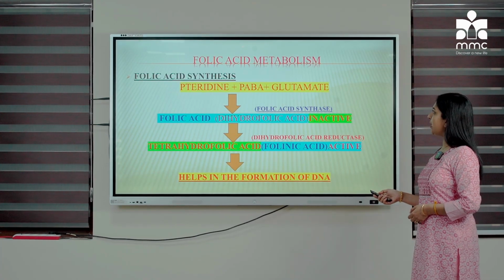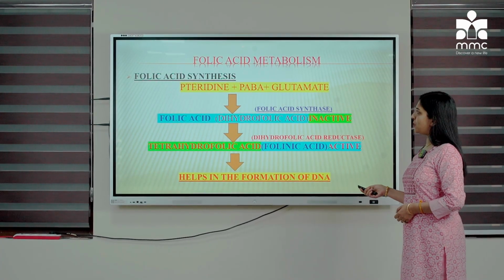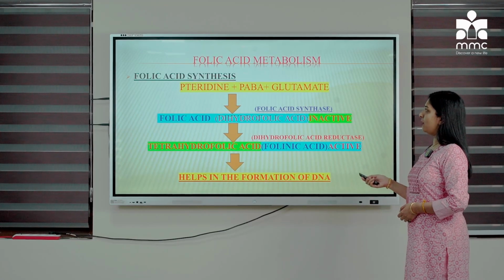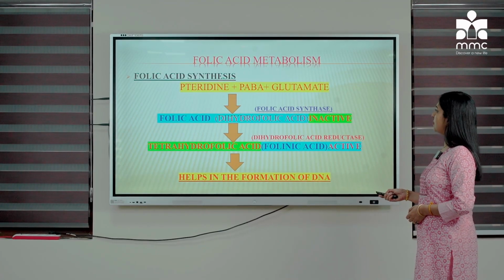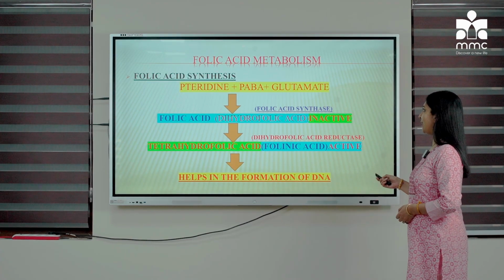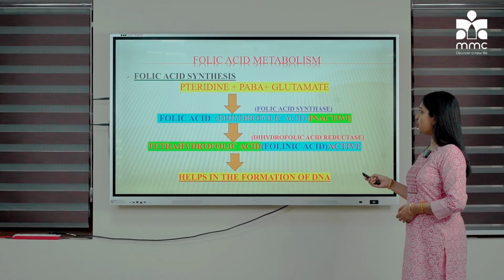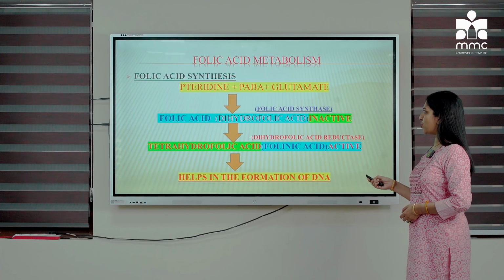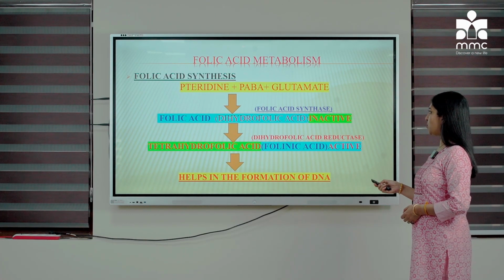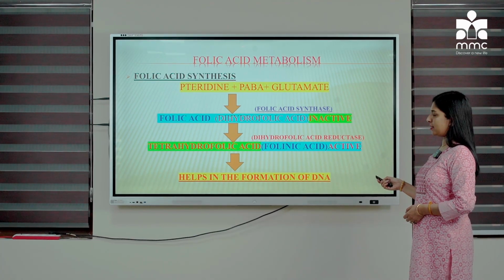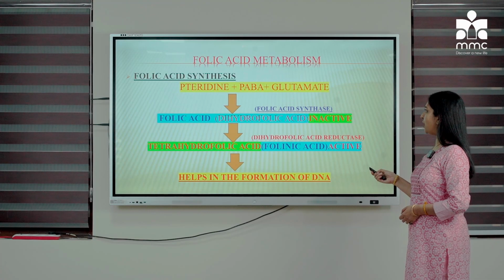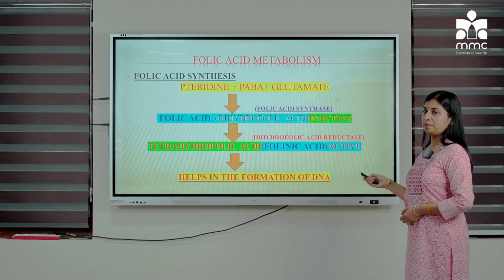Here you can see folic acid metabolism. This is how normal folic acid synthesis happens. These are the three factors: pteridine, PABA and glutamate, in which PABA plays a major role. PABA gets converted into dihydrofolic acid, an inactive form, with the help of the folic acid synthase enzyme.